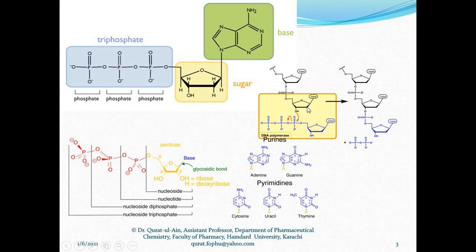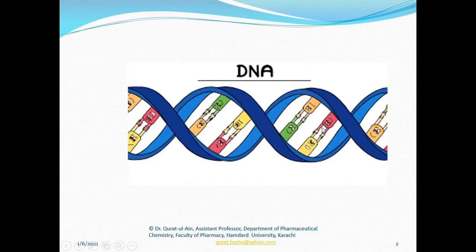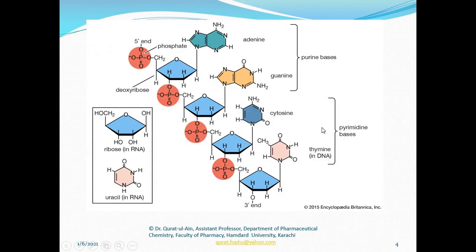This phosphodiester bond joins two nucleotides together, and that is how a large number of nucleotides join with each other and form the helical structure of DNA.